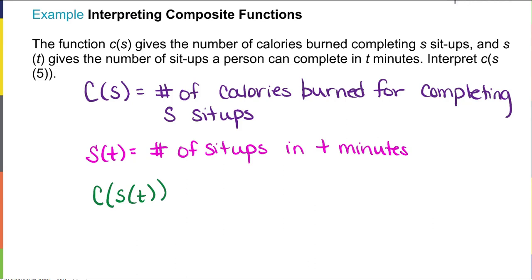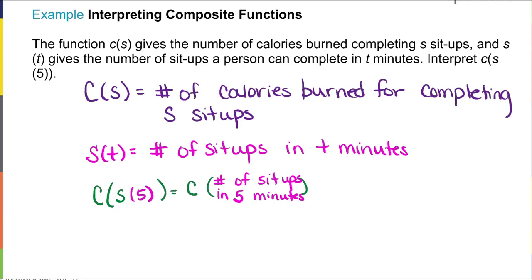So what I would do is go from the inside out. So c and then s of t. S of t is the number of sit-ups in t minutes. And actually, for this, that's supposed to be 5, right? So in this case, that would be the number of sit-ups in 5 minutes.